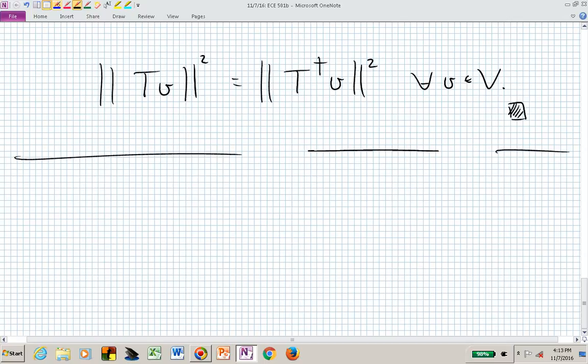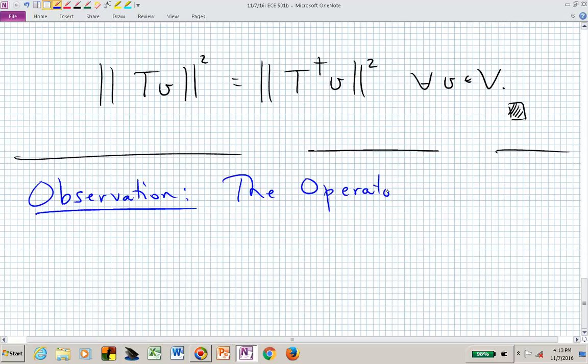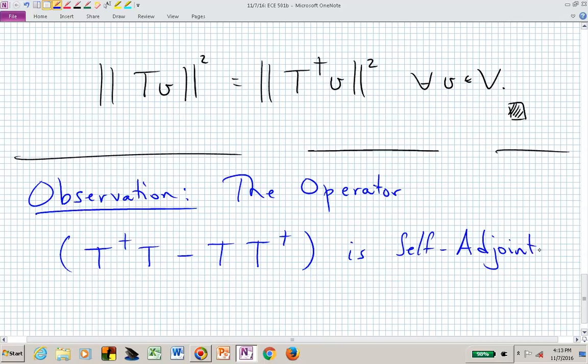One thing that we can also observe before we go any further is that the operator made up of the following: T dagger T minus T T dagger is actually self-adjoint.